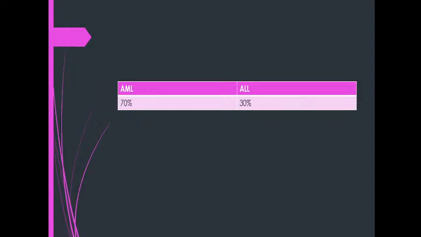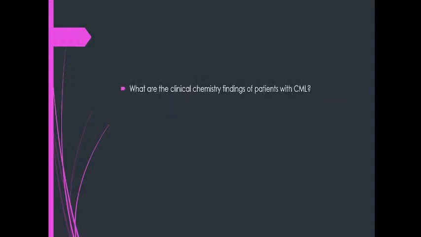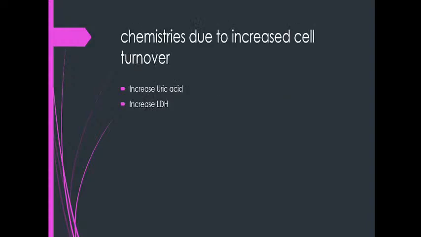Is it important? Yes. Now, what are the clinical chemistry findings of patients who have CML? You need to remember the patient's uric acid and LDH. Due to increased cell turnover, there's going to be an increase in uric acid and LDH.